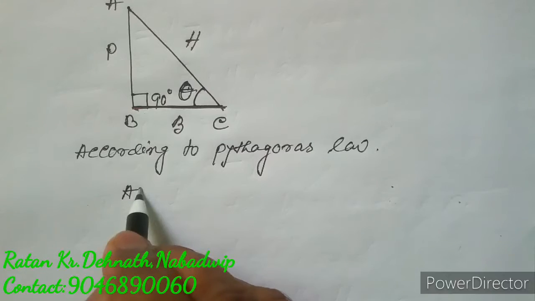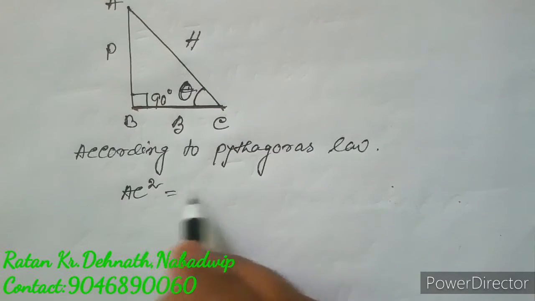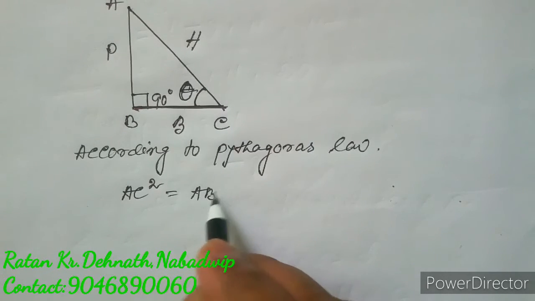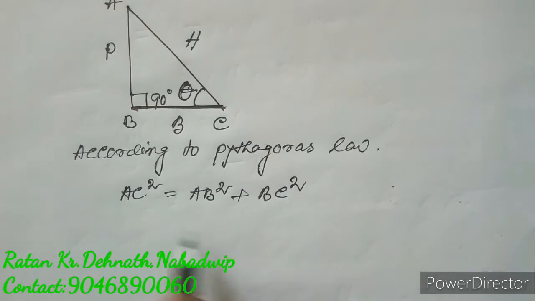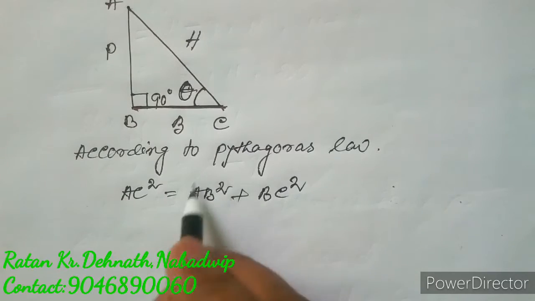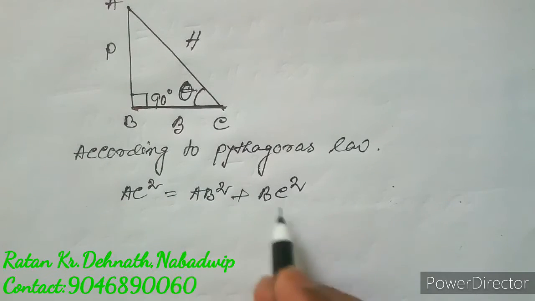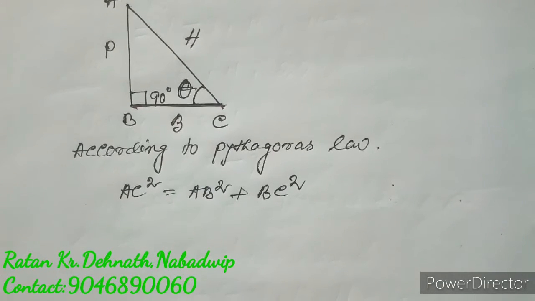AC square equal to AB square plus BC square, that is hypotenuse square equal to perpendicular square plus base square.